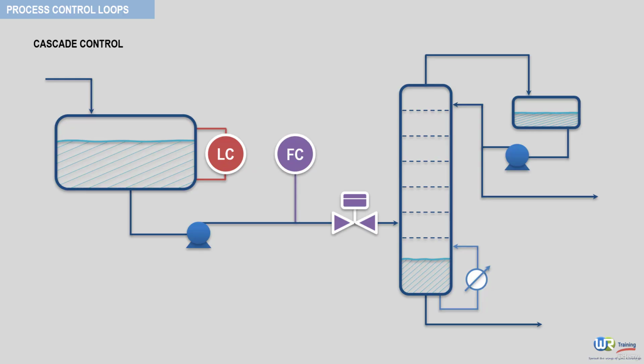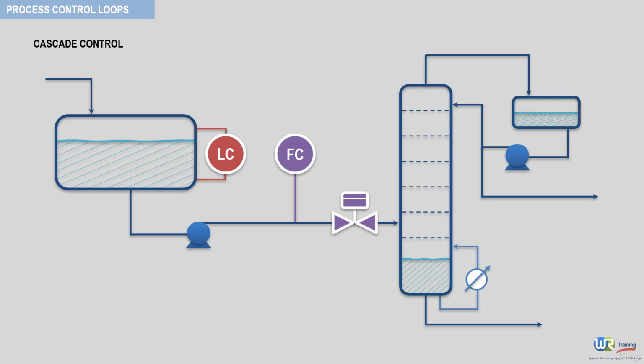The distilling column downstream of the tank is a process element which often does not adapt easily to sudden feed variations. The flow loop provides a constant flow with very little fluctuations. The level loop prevents slow drifts that would tend to fill or empty the tank.